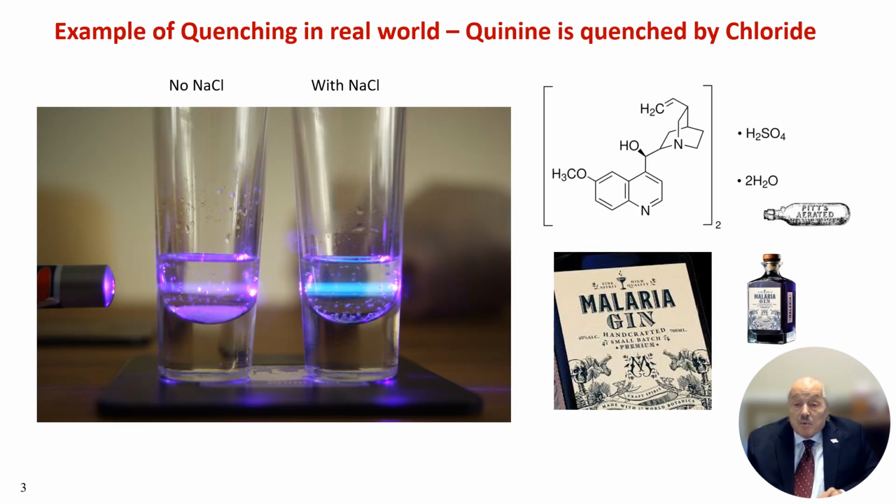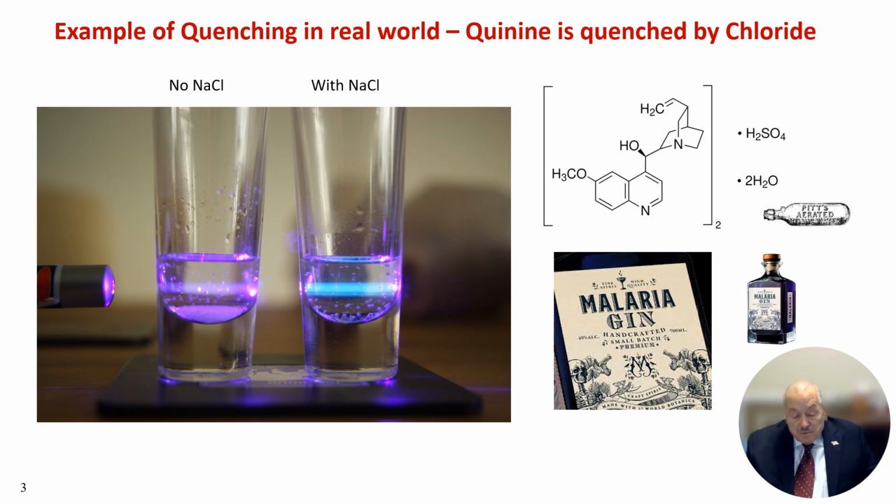So let's look at some quenching in the real world. It's always my favorite to use the gin and tonic example. So here we have an example of tonic water with a UV laser diode there.